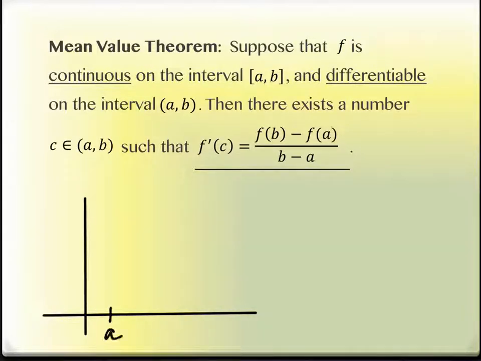So here's A, here's B, and let me draw it a little bit more curved. Smooth, continuous, differentiable, it's got the 2 conditions, right? Rolle's theorem doesn't apply because f of A and f of B are not the same thing. Agreed?